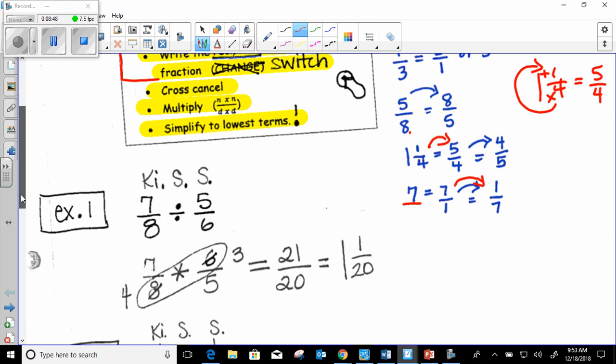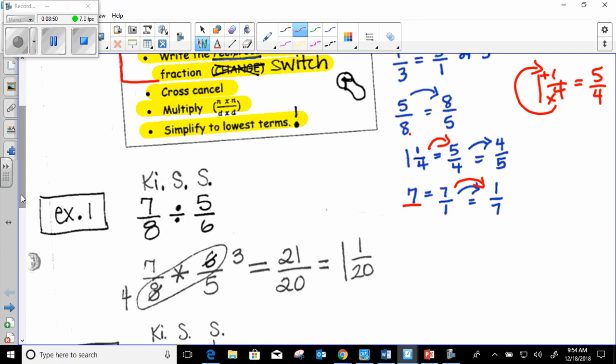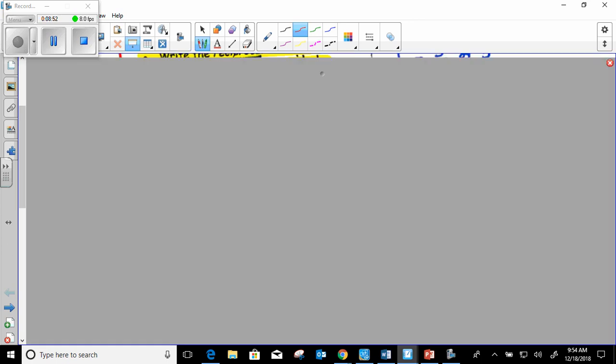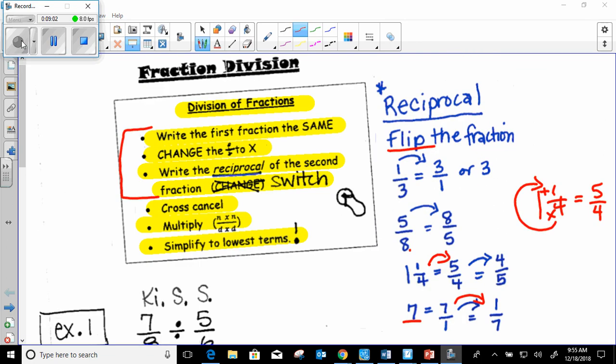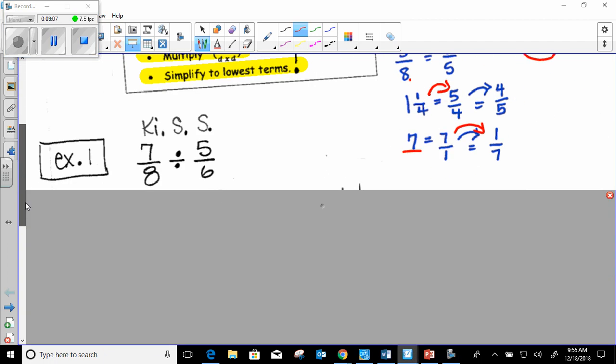So let's look at this example, okay? Write this down. I'm going to have you solve this. Example 1, write this down. 7/8 divided by 5/6. Write that. So to solve this, going back up to the top, we're going to write the first fraction the same, which is 7/8.